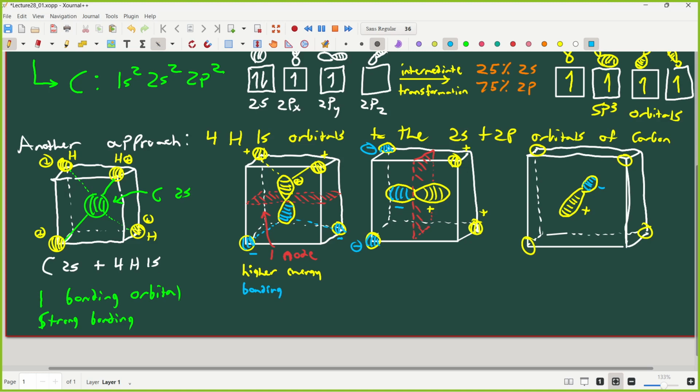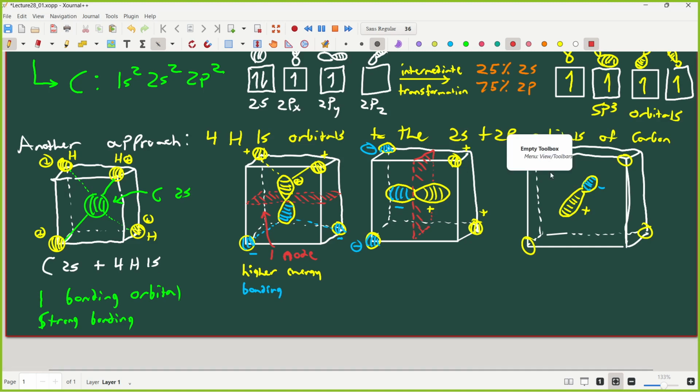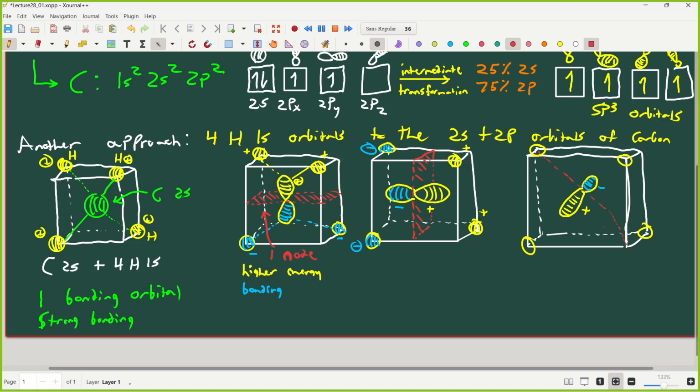And again, I don't really have to drive the point home too much. This one's a little trickier to draw. Oh boy, I don't know if I can draw this nodal plane, but the nodal plane kind of runs through the center of the board. Yeah, I'm not going to draw that. That's a tough one to draw.